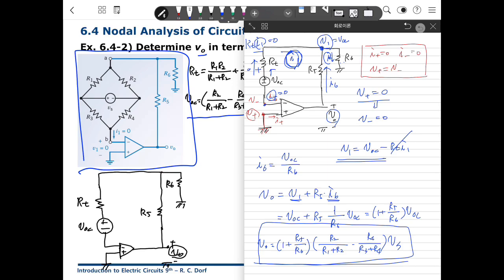This is the way to solve the op-amp circuit. At first, you simplify, and using the characteristic of the op-amp, you can make a node equation in this way here.